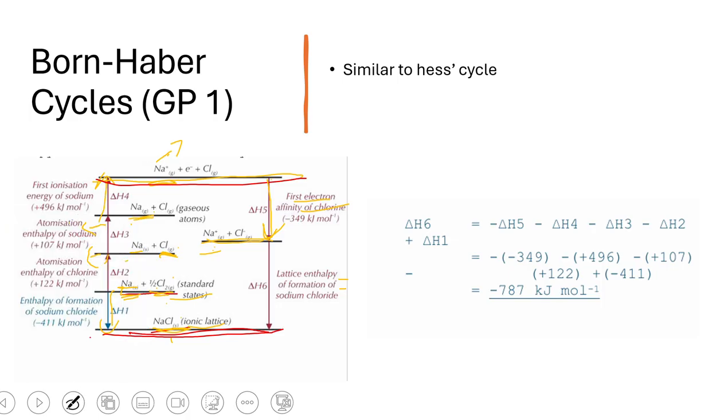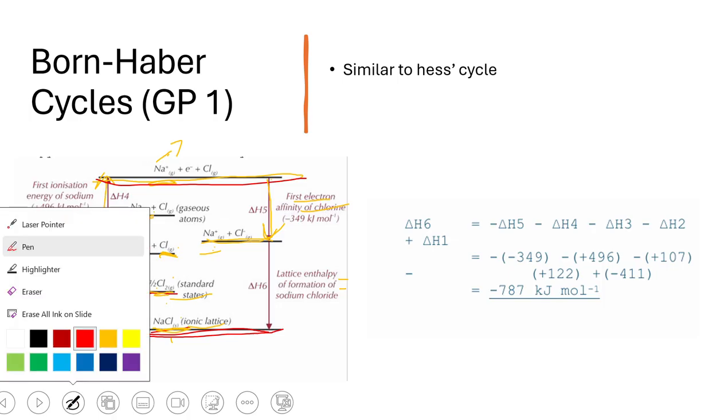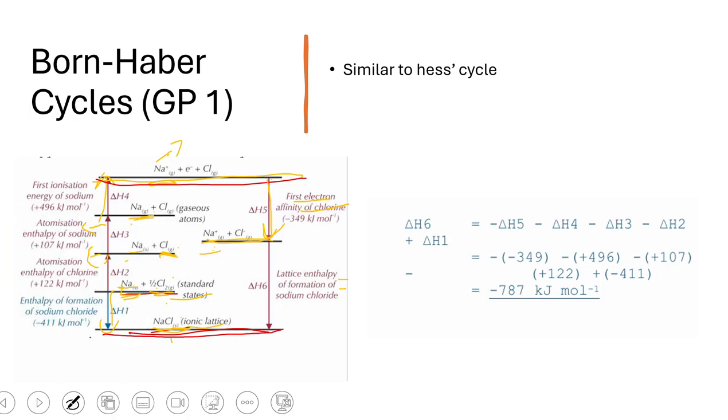Lattice enthalpy of formation. To calculate these values, we will follow the route of the arrows, just like in Hess's cycle. We will try to connect all of them, starting from one place to one place. We can see that from here to here is all going up, and from here to here is coming down.